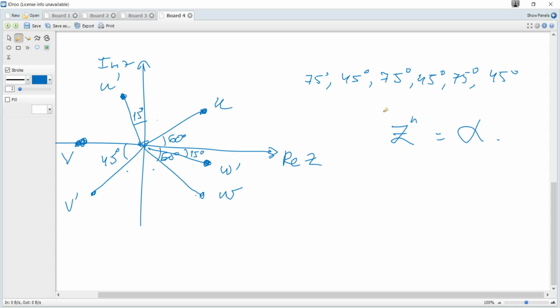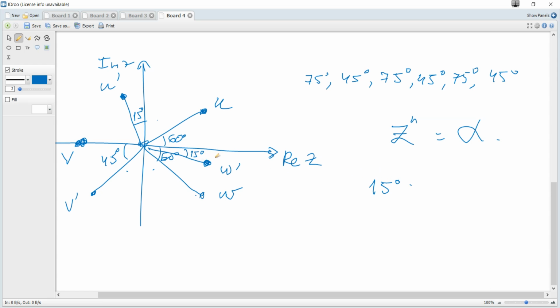Why the greatest? Because n must be the least, so there must be as few roots as possible, and the greatest common factor is 15 degrees, and all these values are multiples of 15.